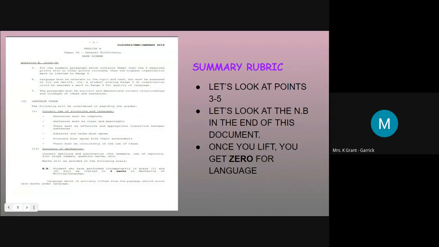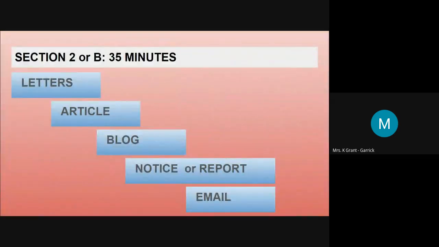That plus other points should help to create your summary. Now, if you lift the information, students who have performed incompetently in areas 1 and 2 are limited to 4 marks in the mechanics. The language which is entirely lifted from the passage should score 0 marks on the language. All right? So you have to be careful to ensure that you use your own words.